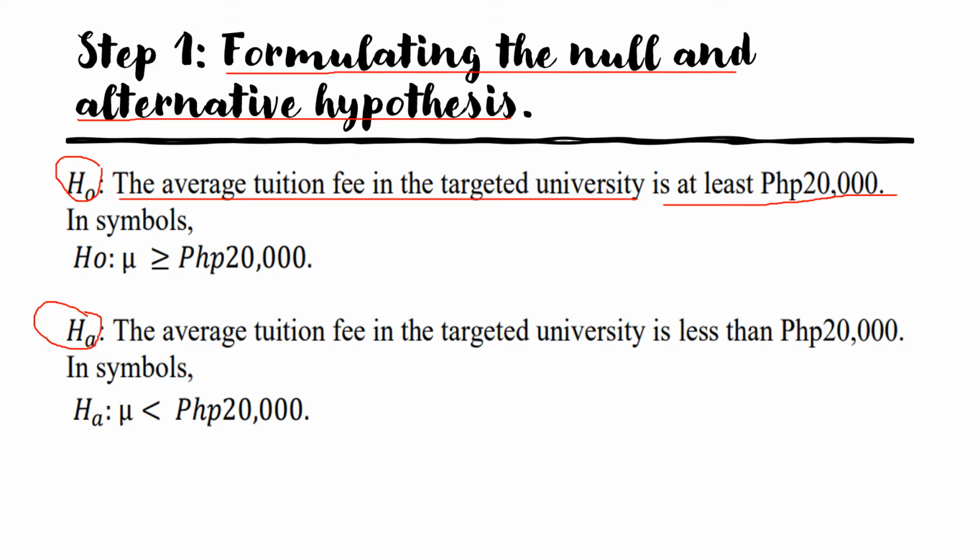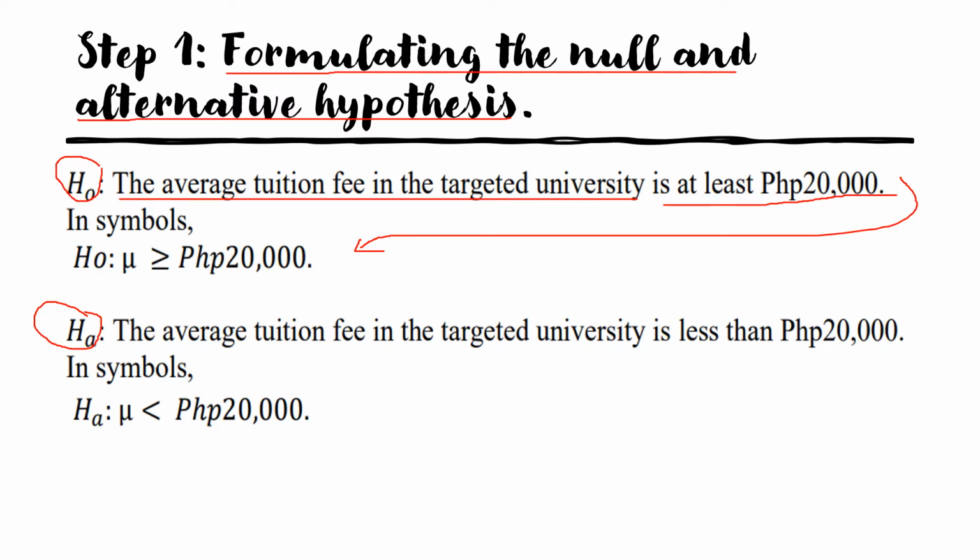If we convert this statement to symbols, we arrive at H0: the population mean is greater than or equal to 20,000 pesos.